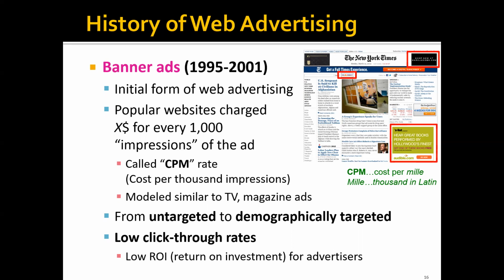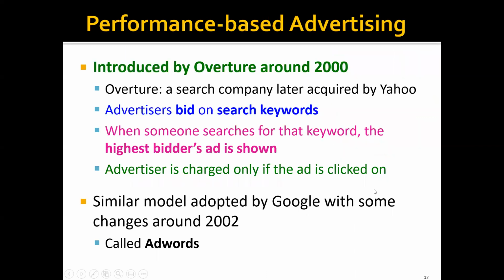For example, they can show different ads to younger persons or elderly people. Unfortunately, this is not enough, because even if your ads are demographically targeted, users may still receive a large number of irrelevant ads. And this is why Overture introduced what we call performance-based advertising.